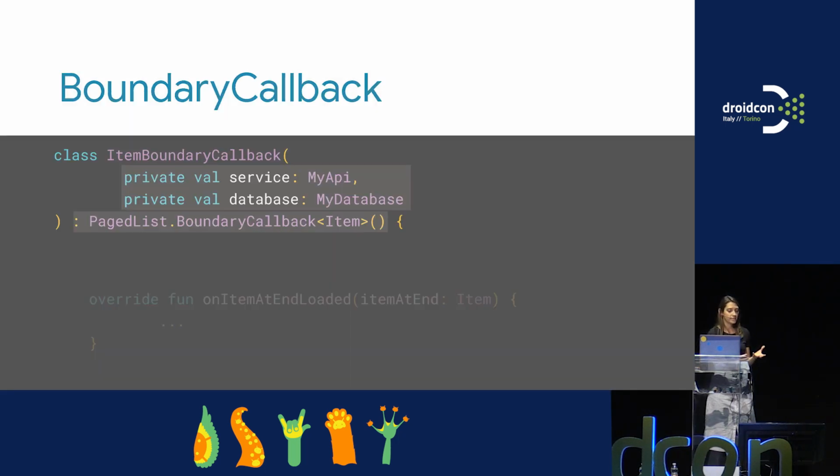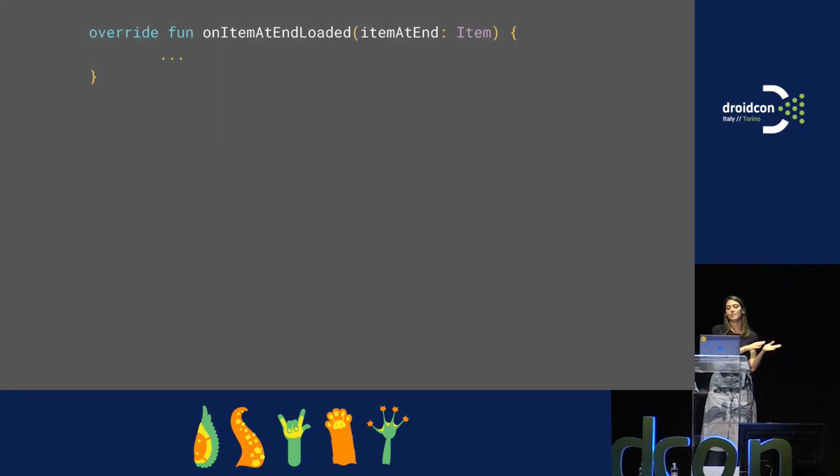In this class, you would work with the service, so with your backend, and with the database. And you would implement the PagedList BoundaryCallback. There are two methods that you need to implement. One is onItemAtEndLoaded.